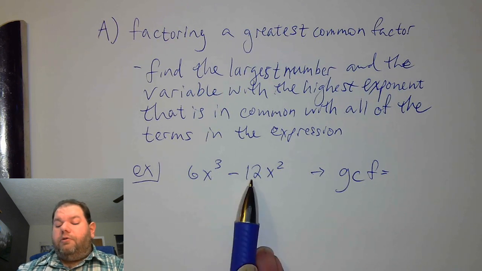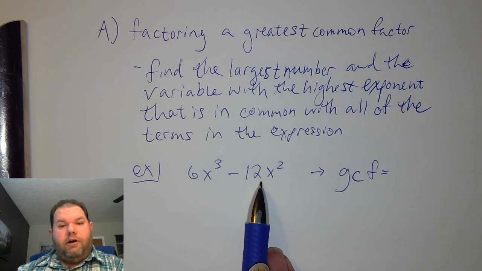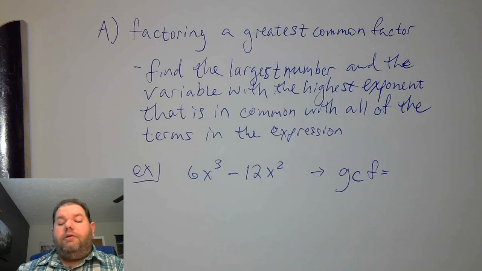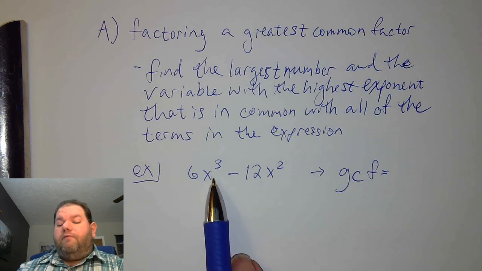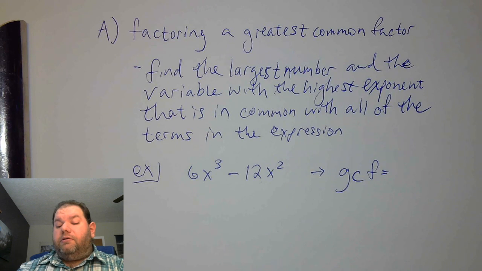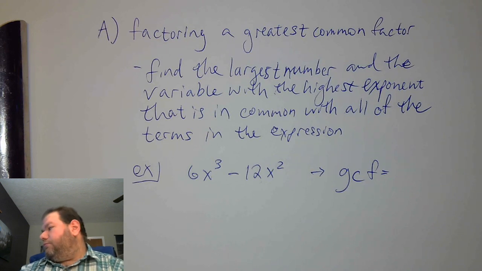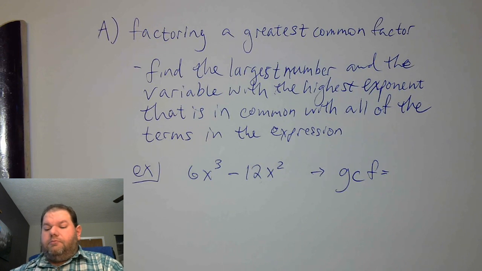So what is the largest number that they have in common as far as a factor? And then what variable do they have in common? X. Can we do better than X?